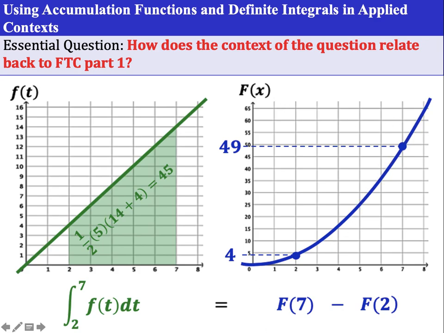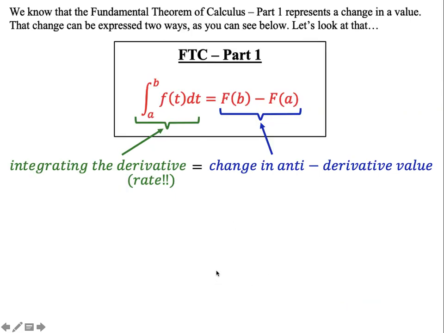The value of the antiderivative at 7 is 49, and the value of the antiderivative at 2 is 4. If we take the difference, we also get 45. So we get 45 if we integrate the derivative, and we get 45 if we take the difference of the antiderivative. That's the fundamental theorem of calculus, and that was the whole basis of that anchor chart.